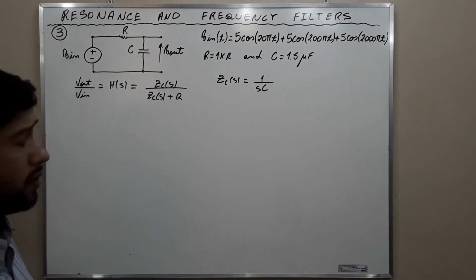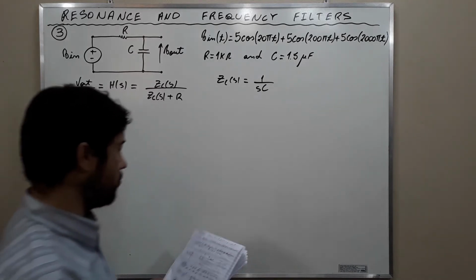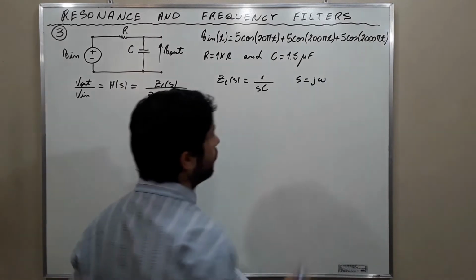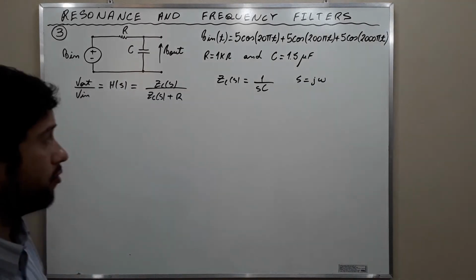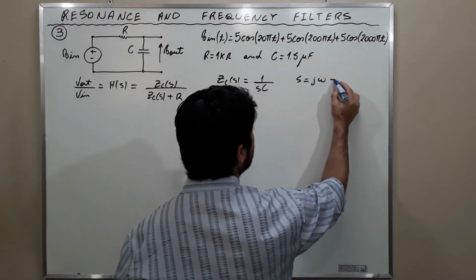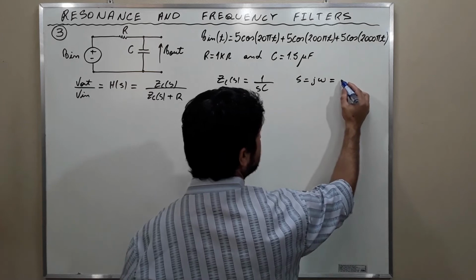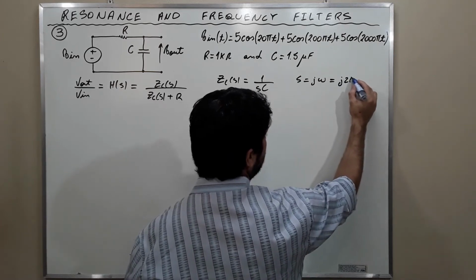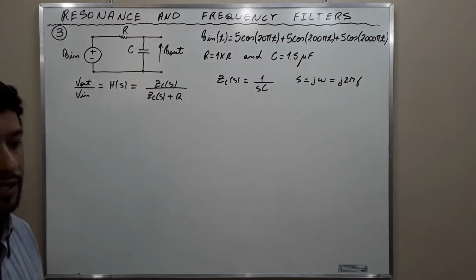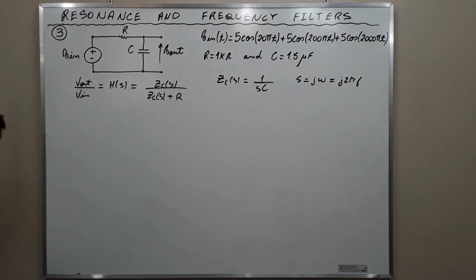But here we are assuming that S is equal to jw. And since w is equal to 2 pi f, we are going to assume that S is equal to j2 pi f. This is our assumption. This is what we are going to work with.